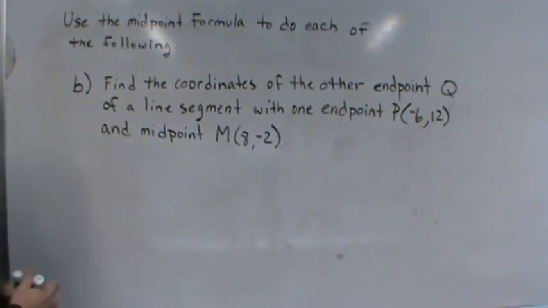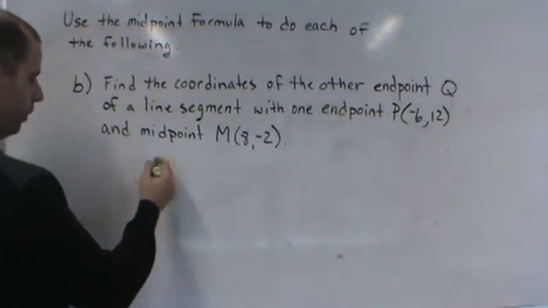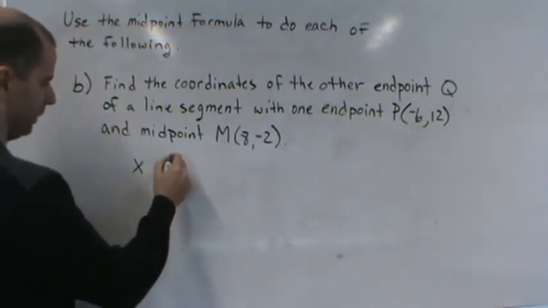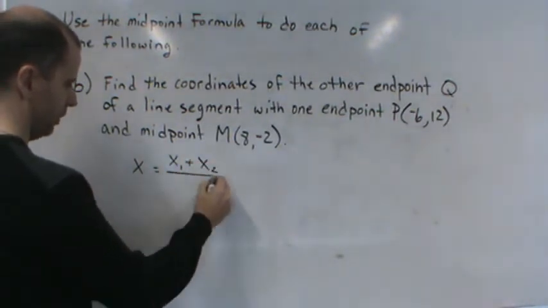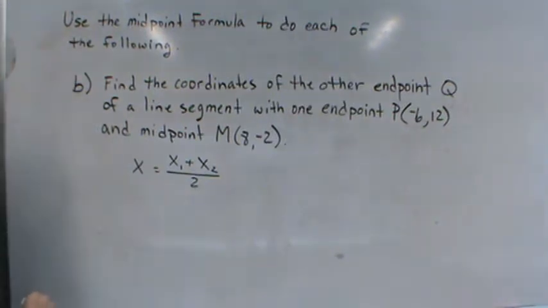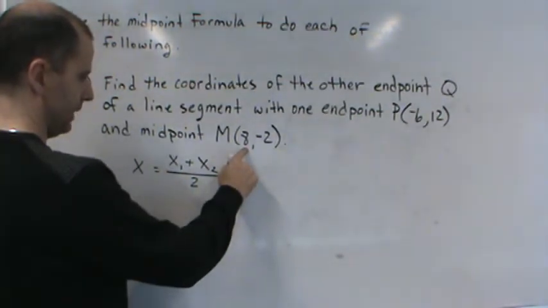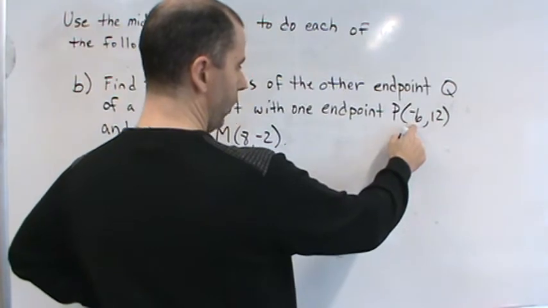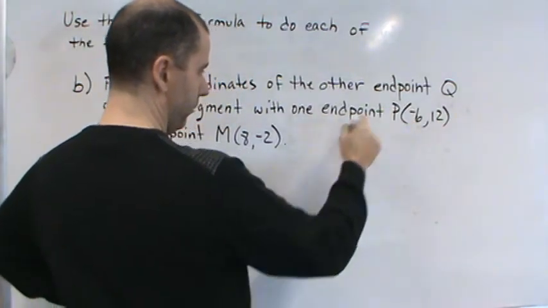Okay, so we know for the midpoint formula for x, x is going to be x1 plus x2 divided by 2, right? Well, in this case, we know x is equal to 8. And we know one of the other x's, x1 or x2. So let's say this is x1, okay?